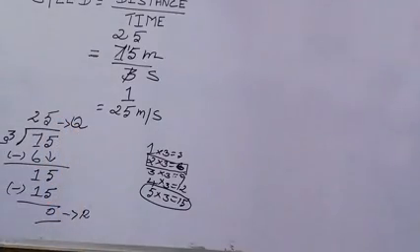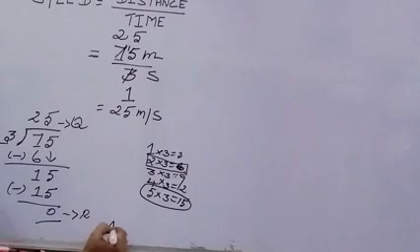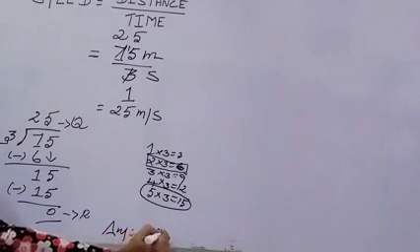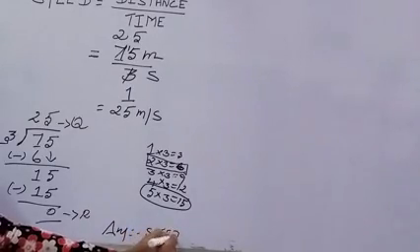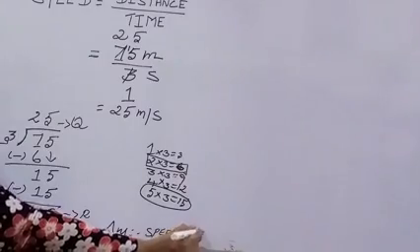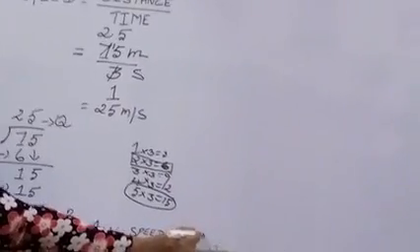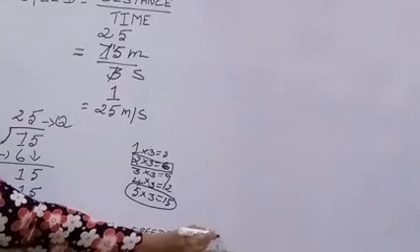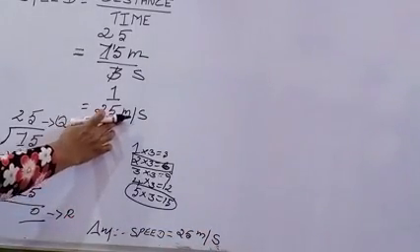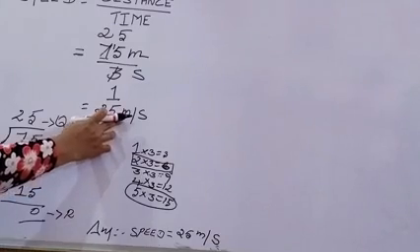So children, how can you write your answer? The speed is equal to how much, children? 25 meter per second. You should write the unit also.